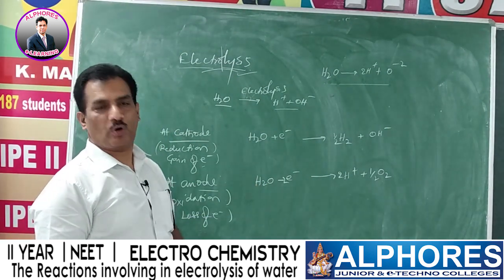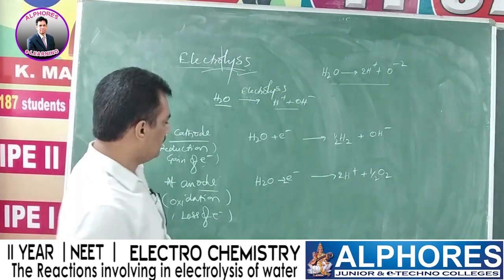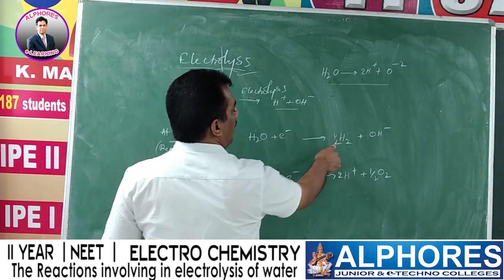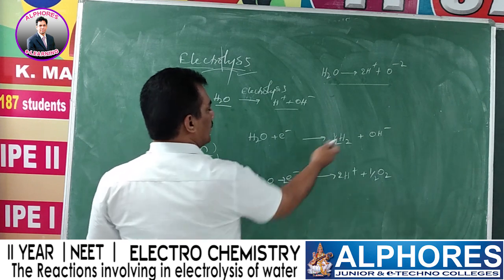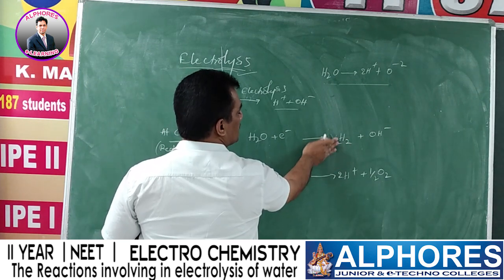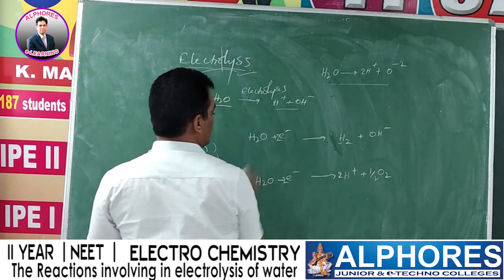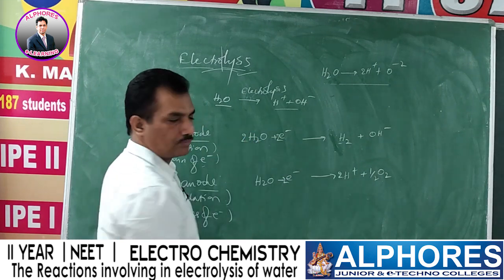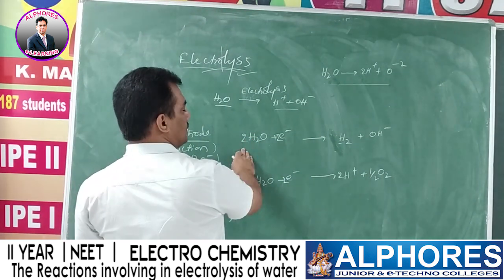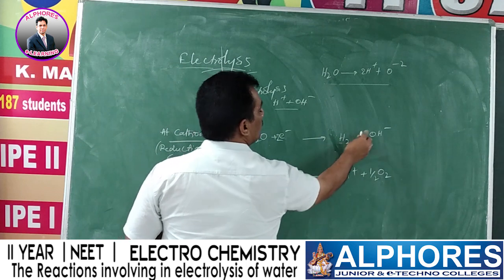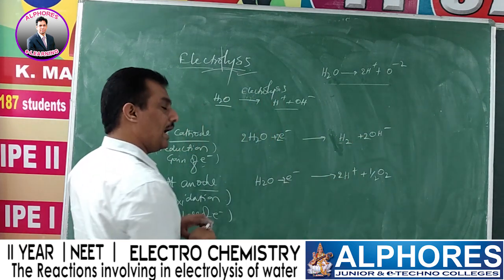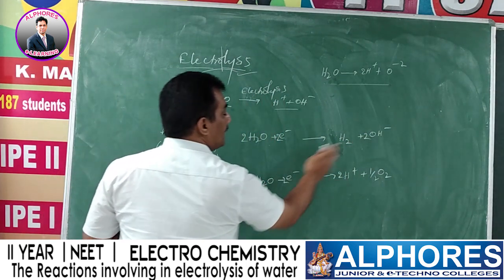Now let us balance this equation with respect to electrons and the products formed at the electrodes. Clear? In this case, half H2 and OH minus, to get H2, let us consider 2 electrons released, giving H2 and 2 OH minus.